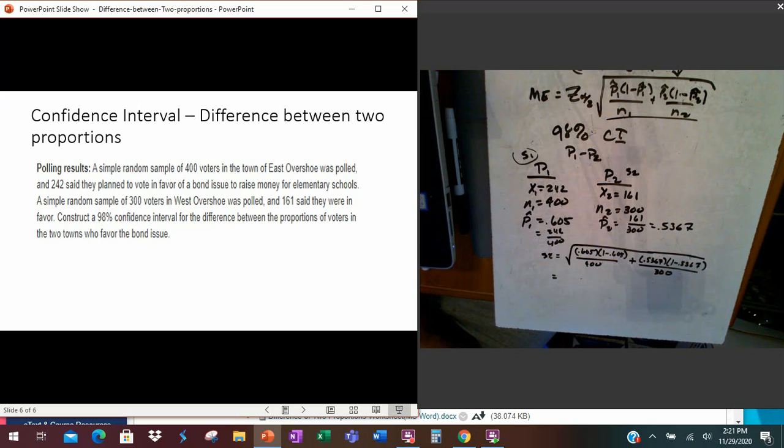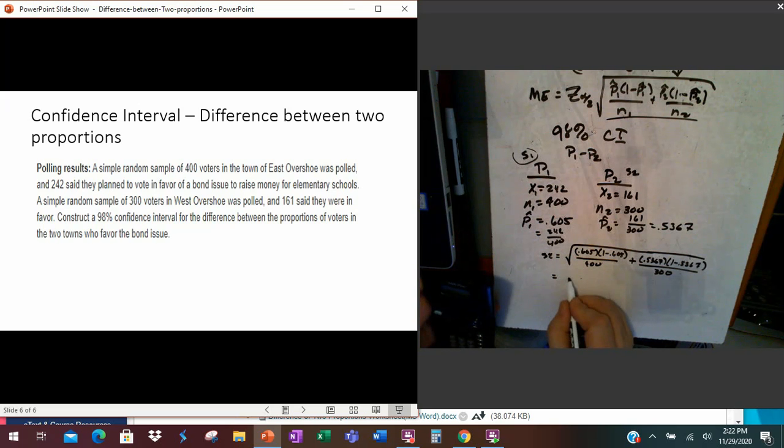Close my parentheses, and if I get this right, this should be 0.0378 to 4 decimals.